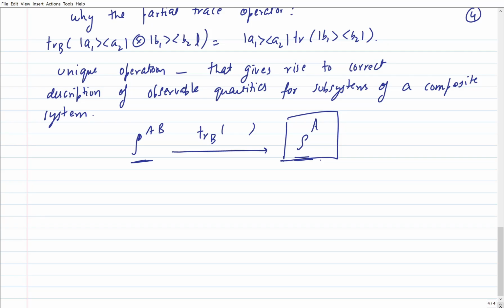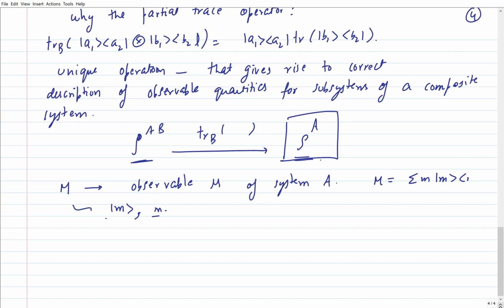So for example, let's say I have a measurement operator M. I have an observable, not a measurement operator, I have an observable M on system A. So what does that mean? That means that M is going to have some eigenvalues and eigenvectors. That's the spectral decomposition of M. Okay.